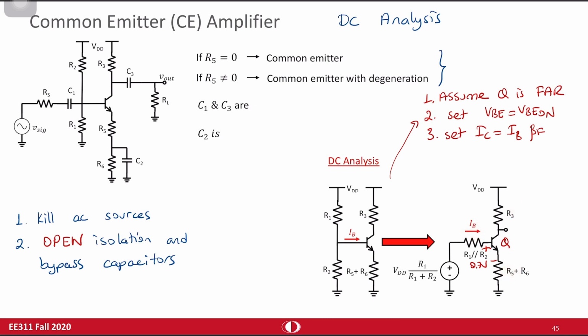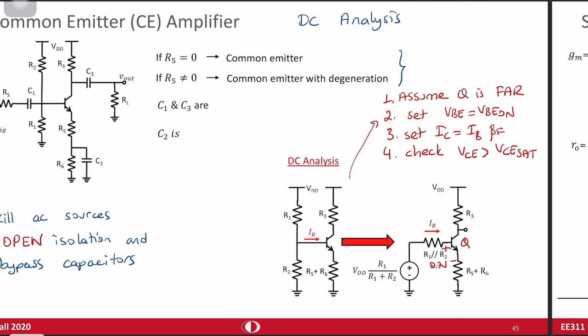The last thing that you should do is check whether VC is larger than VC sat or not. If it is larger than VC sat, then your forward assumption is correct. You can continue with the small signal analysis. If not, stop there and don't do anything in terms of small signal analysis.